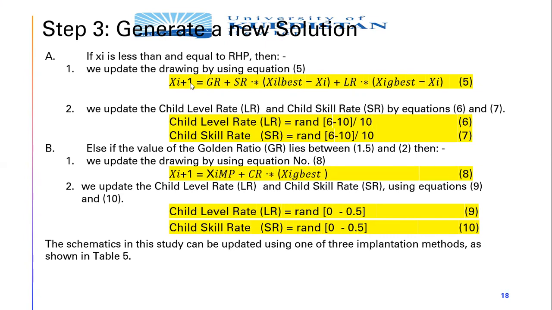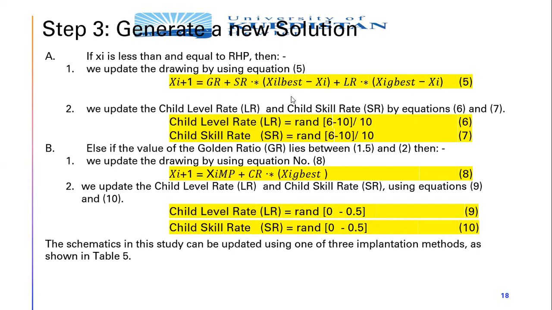X1 plus 1 equals golden ratio plus skill rate multiplied by best solution minus the current one, plus learning rate multiplied by best solution minus the current one.